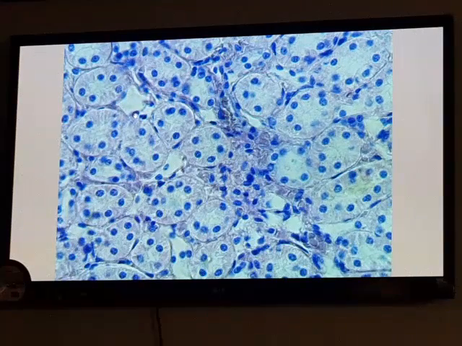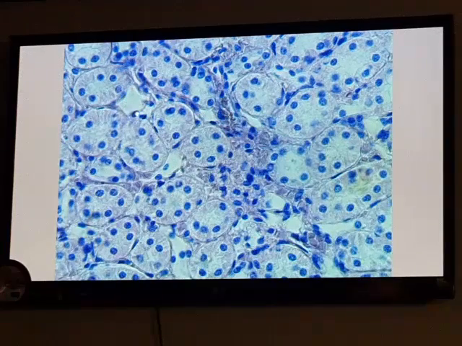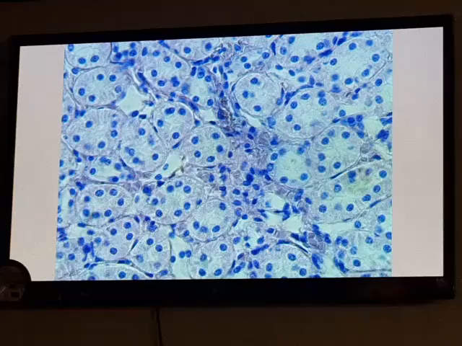We can see the nuclei slightly protrude into the lumen. This is the thin segment, and all these are thick segments, similar in structure to the distal convoluted tubule. This is another thin segment. We can see the rounded nuclei slightly protrude toward the lumen.